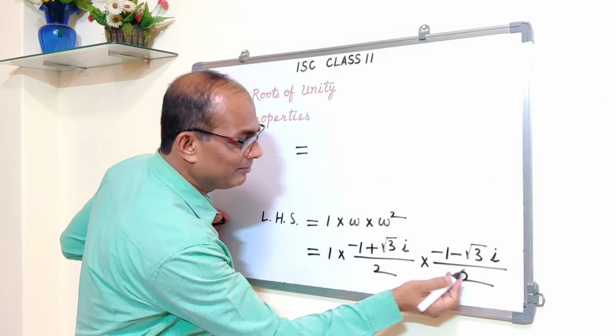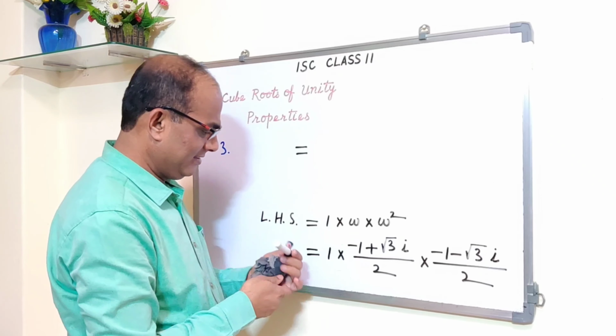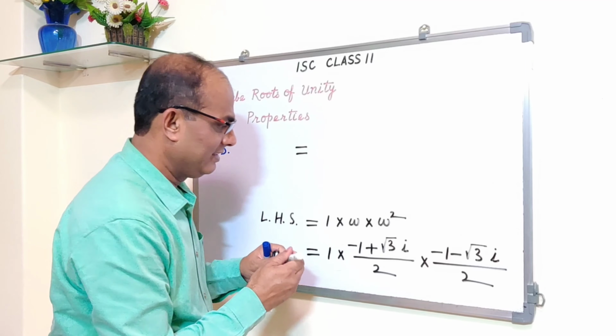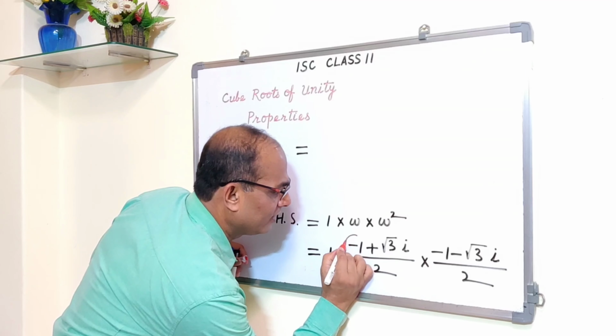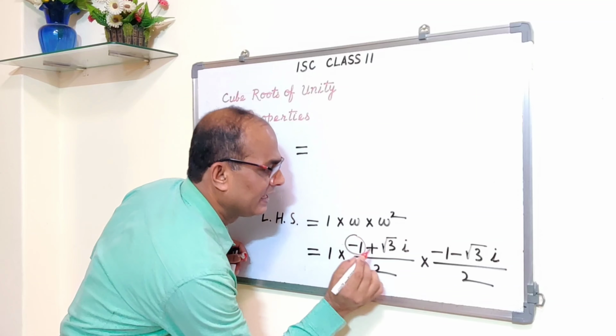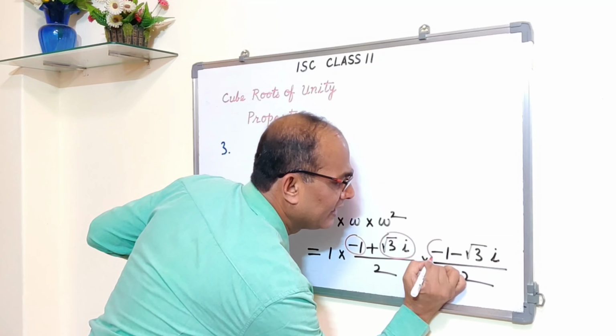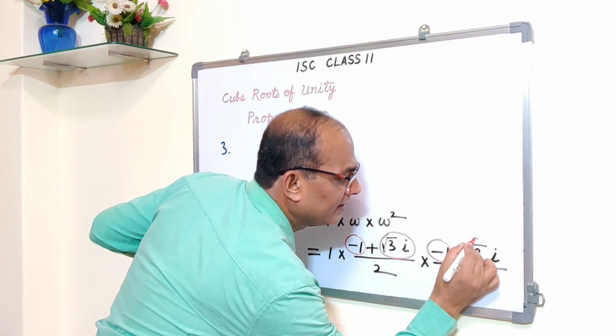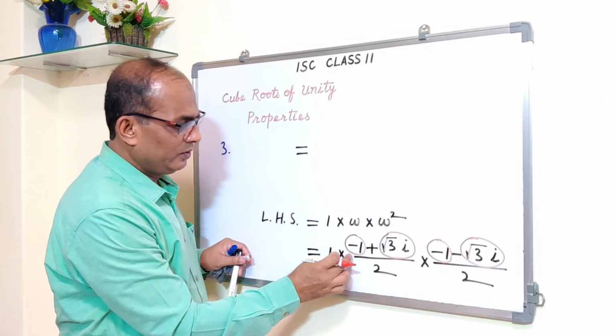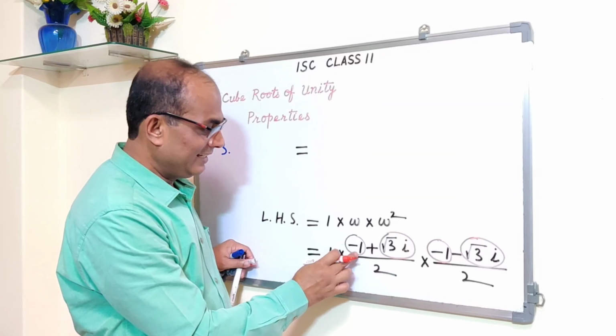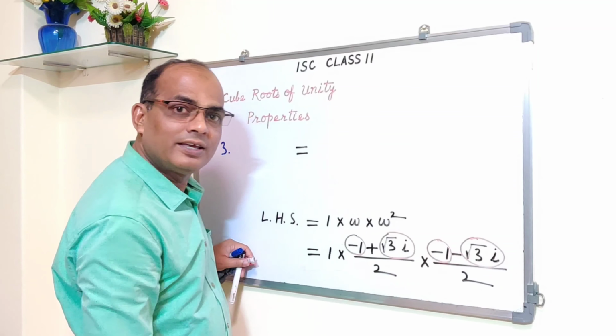See, a plus b and a minus b, where this you can call as a, this as b, this as a, and this as b. Don't we see that a plus b and a minus b?